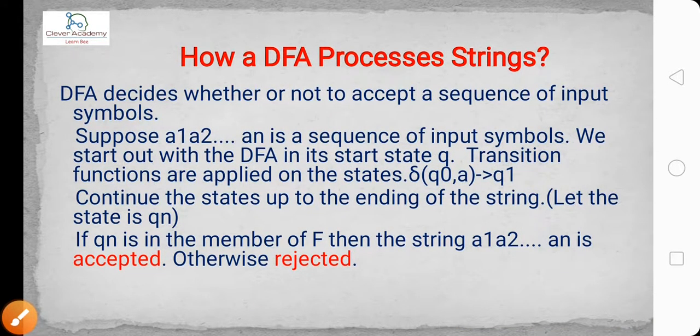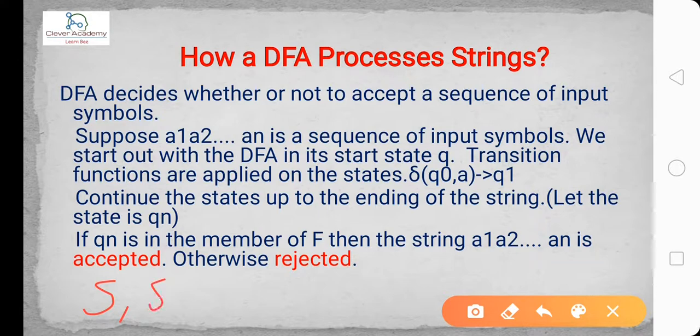Next, how a DFA processes a string. Whenever you are given an input, you have symbols. From the symbols we generate a string, and from the strings we generate a language.